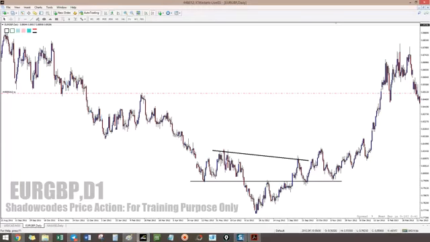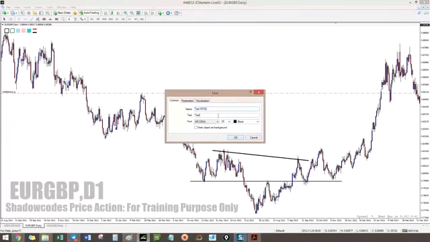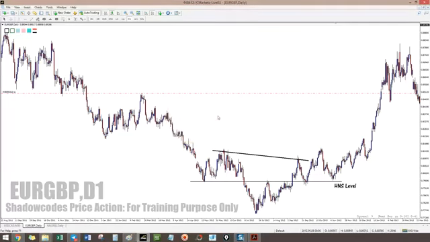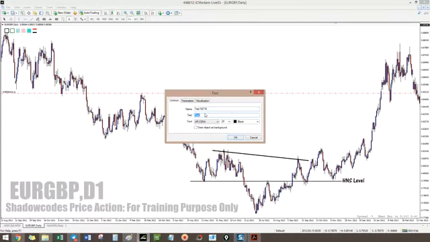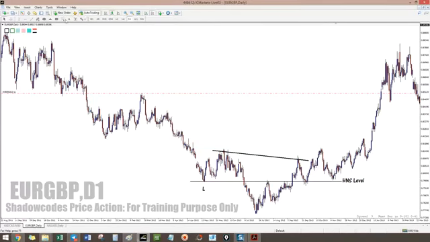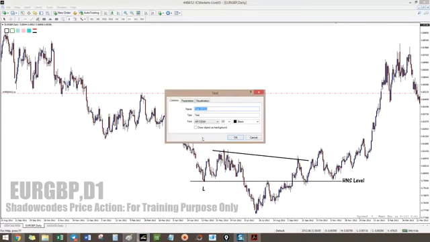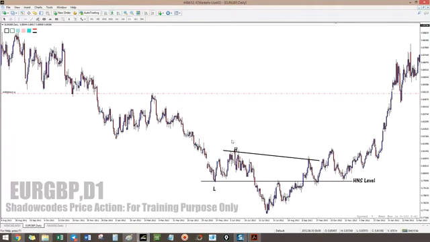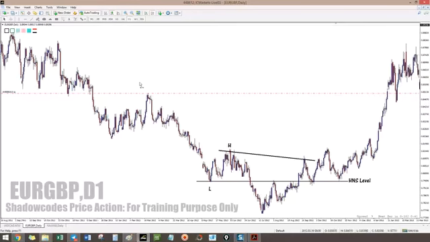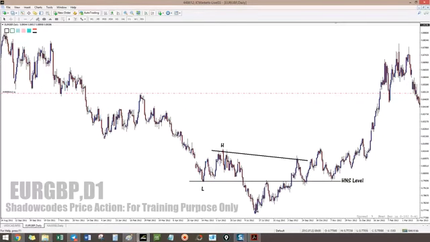Change. Okay, so this is our HNS level. This is our low. This is our high. This is lower low.